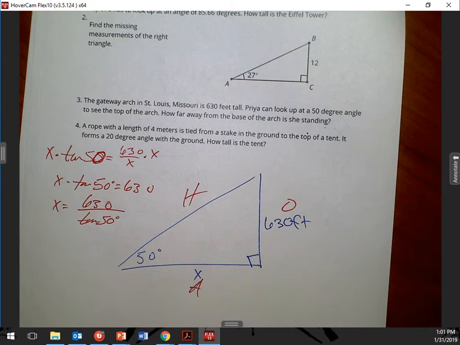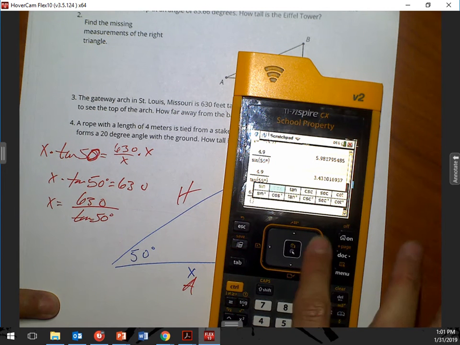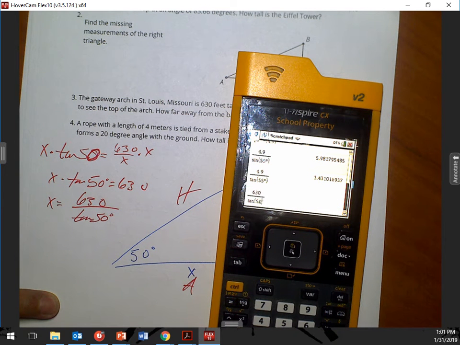Mr. Pacho, if we get 528.6, will we round it up to 529? Did it say how to round it? Nope, didn't say what to round it to. So it should be 630 over tangent of 50 degrees.